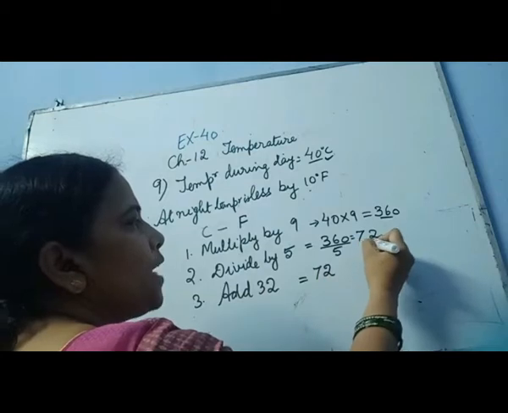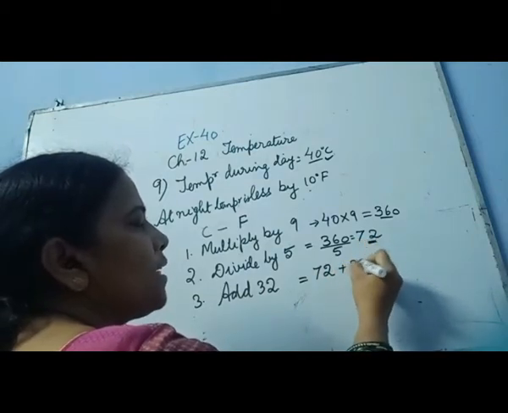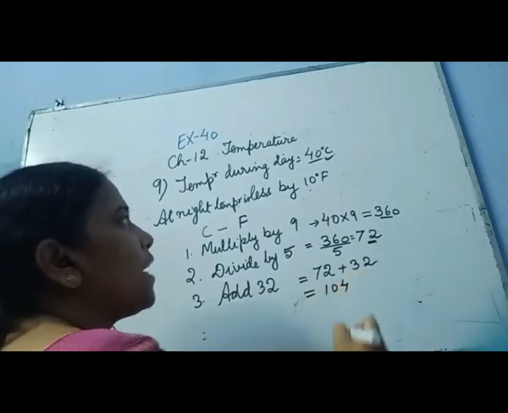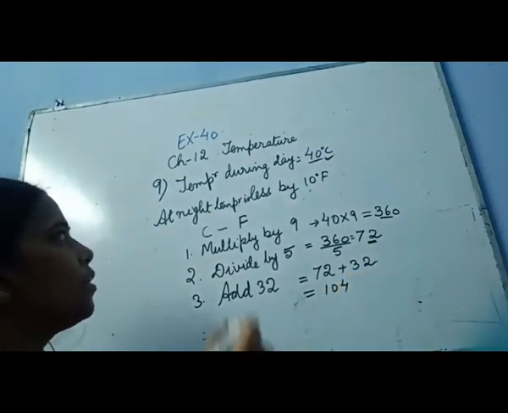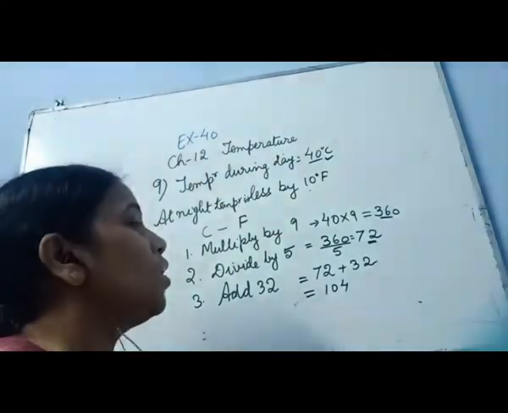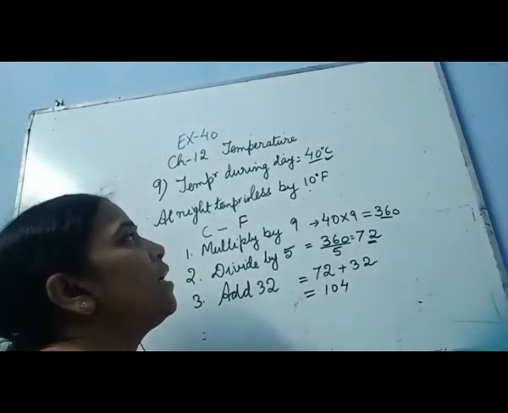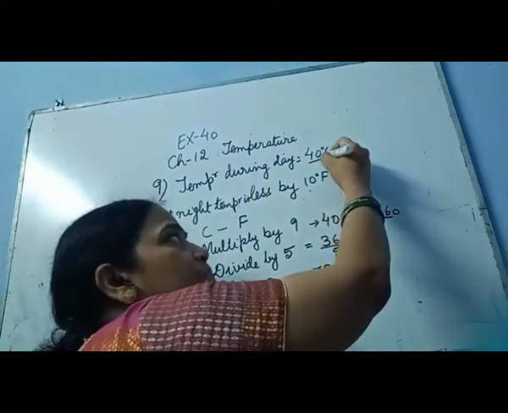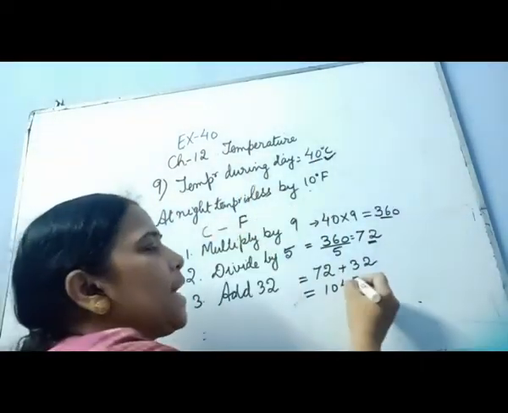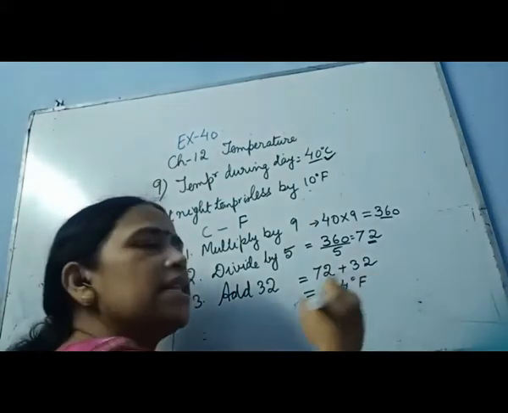So the answer you have got, you add 32, and you will get 104. Understood? That is the temperature during daytime.